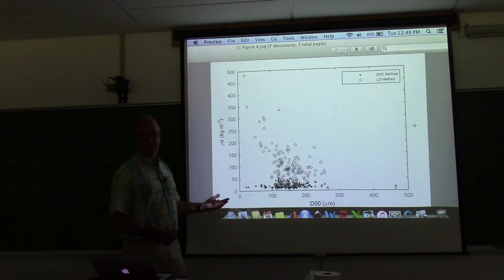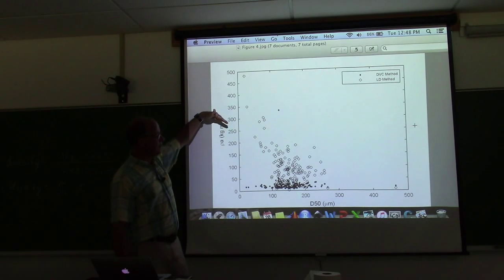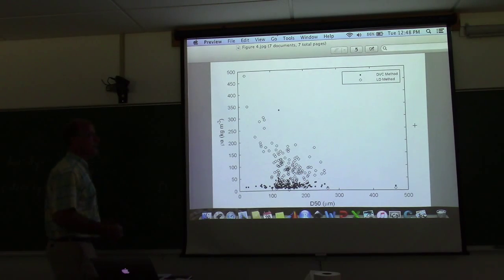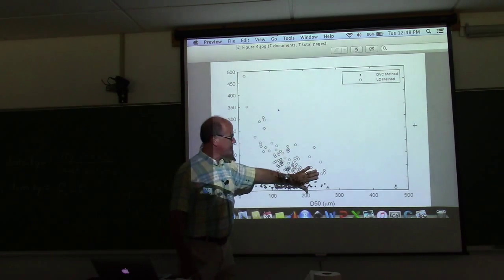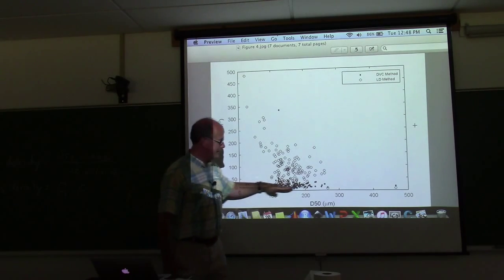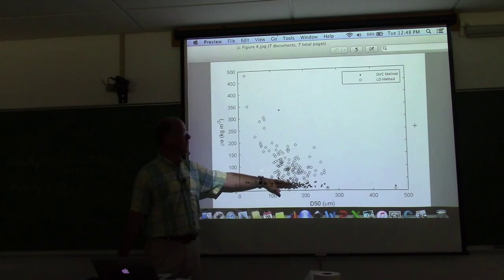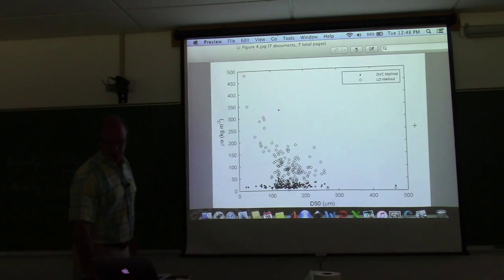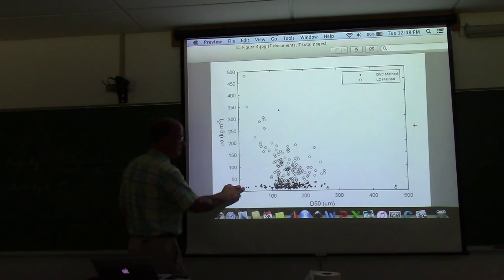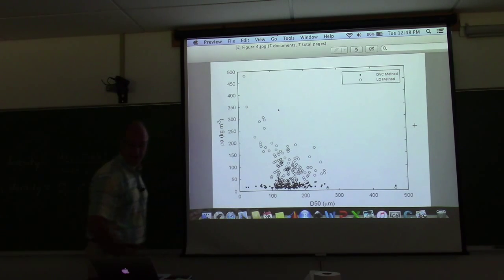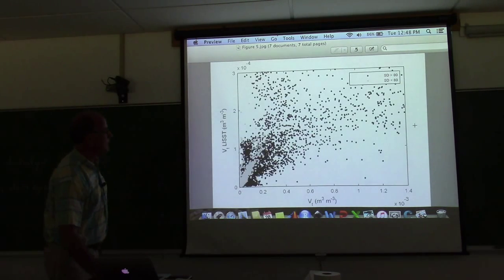Now, a thing that's known about natural marine particles that are aggregated is that the density goes down as the size gets bigger. The LD method is showing that. The DVC method is not, and it's always pegged at these low values. So it's just biased to seeing the big particles. So to solve this, what we need to do is have a camera that looks at smaller particles, and we have one under development. But right now, that's a problem.